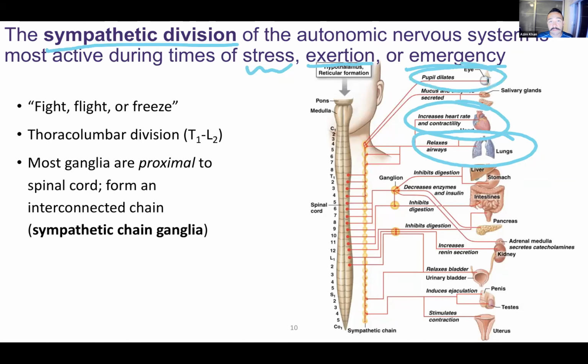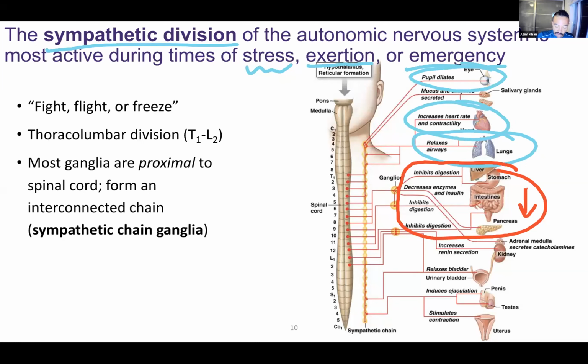What I just circled there in blue, those are all things that it increases. So you're making your pupils bigger, you're increasing your heart rate, you're increasing your breathing rate. At the same time, though, you will decrease digestion. Digestion becomes a second priority, goes on the back burner. You want to focus more on delivering blood to muscles and getting ready for a stressful event, and worry about digestion later.